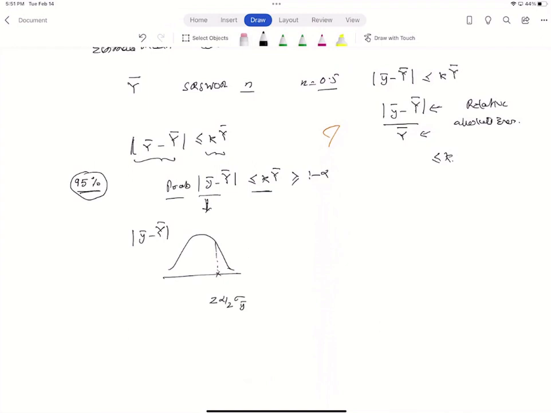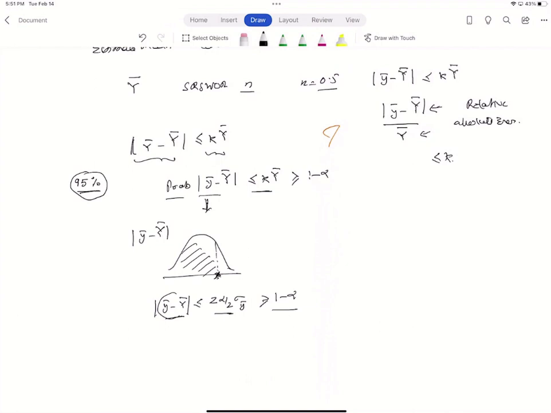And we want our y bar minus Y absolute value to be less than the value of this point at a probability of more than 1 minus alpha. So we want this whole thing to be more than 1 minus alpha, and that is the value of this point.